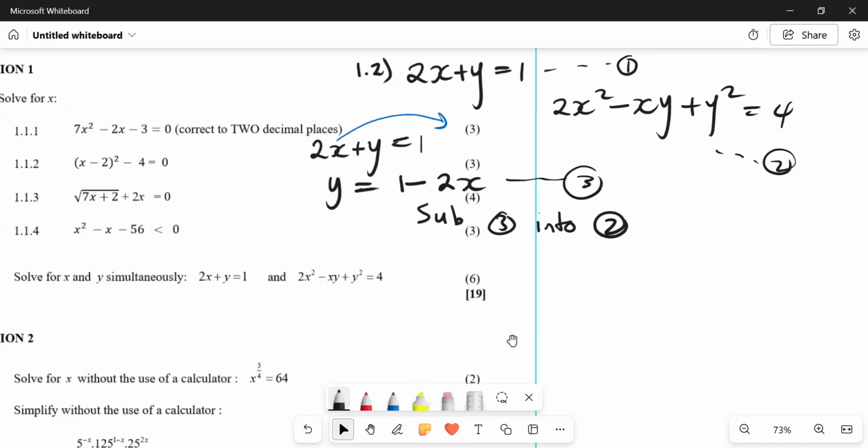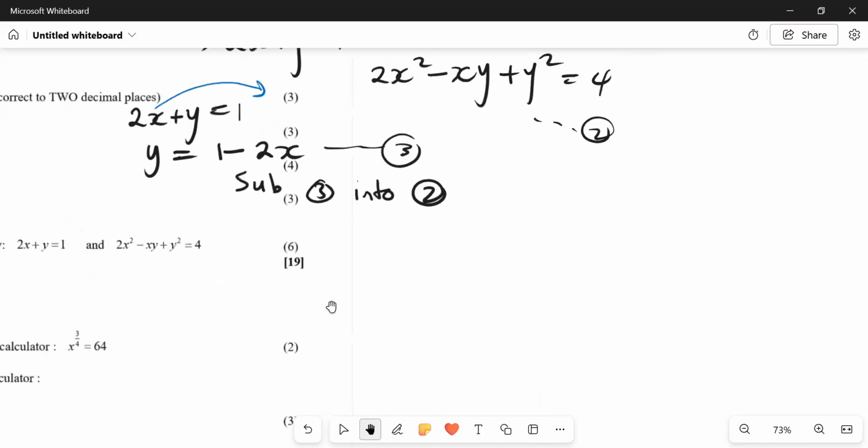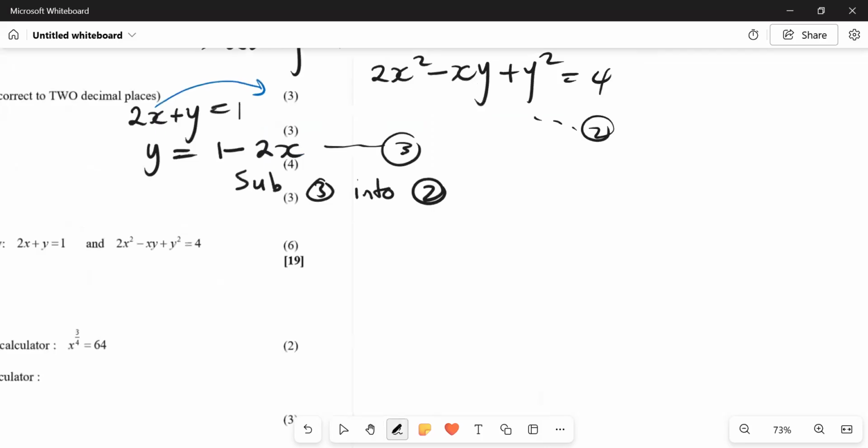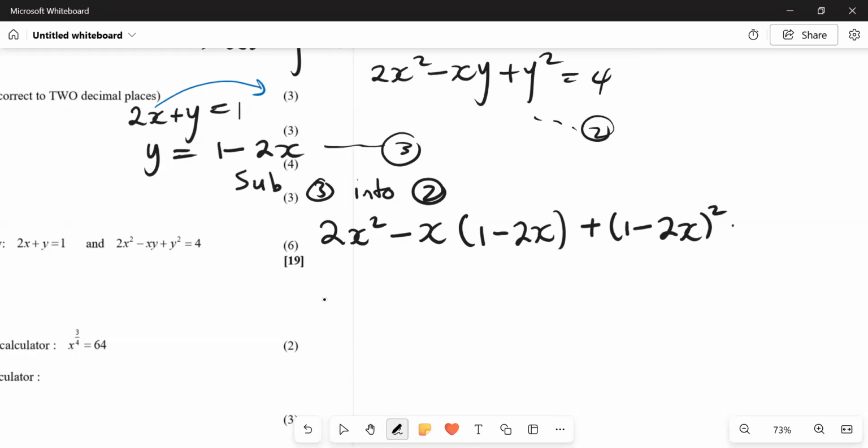So basically for that, you will have your 2x squared minus x, and then now we're substituting, this is (1 minus 2x), plus (1 minus 2x) all squared equals 4.